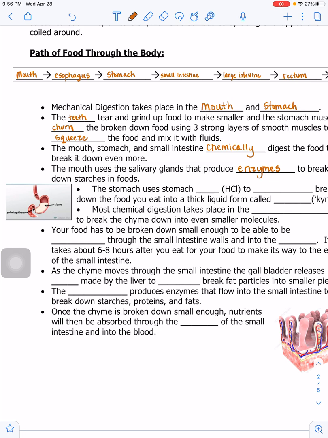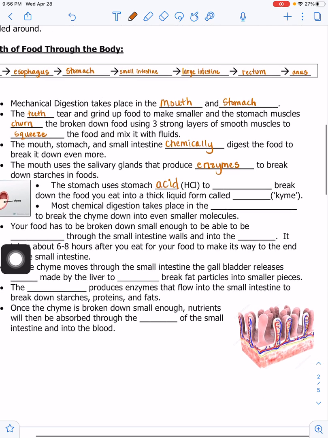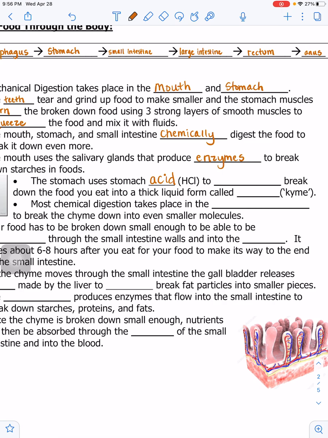Your starches would be like in your carbohydrates, like your crackers and chips and breads. The stomach uses stomach acid, such as, you see the HCl, that stands for hydrochloric acid. So it uses a very strong acid to chemically break down the food you eat.